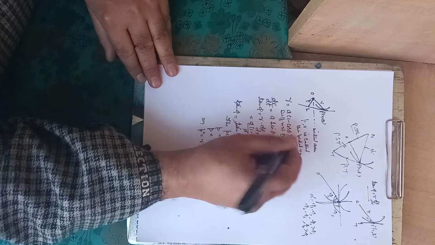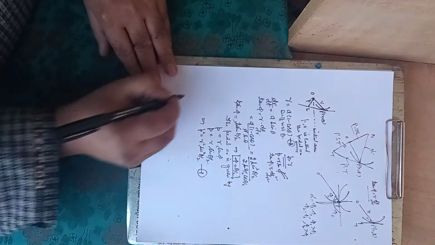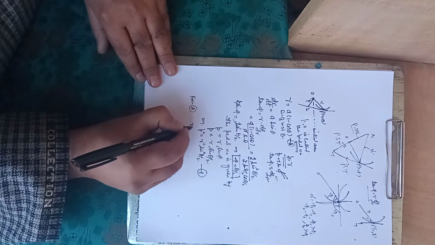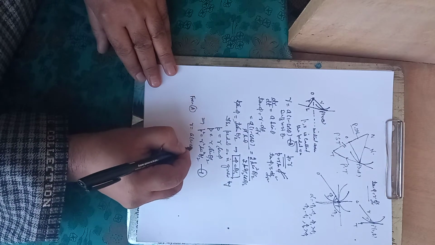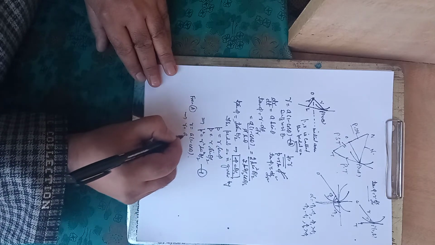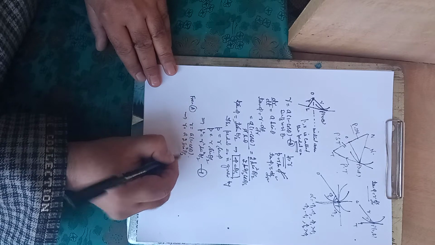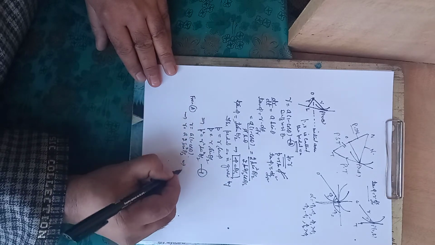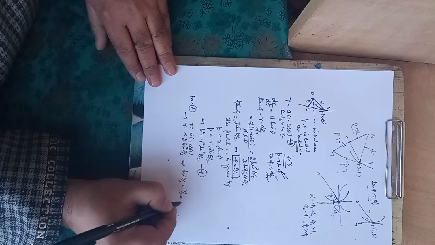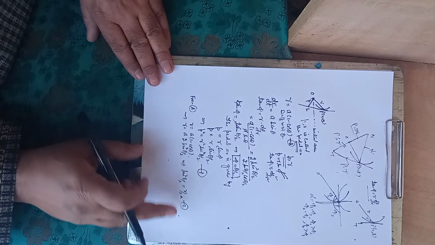Again, from the given curve, let me call that A. From A, r is equal to a(1 minus cos theta). This means r is equal to a times twice sine square theta by 2, which gives us sine square theta by 2 is equal to r by 2a. This is 2. Now substitute sine square theta by 2, which is r by 2a, in 1.